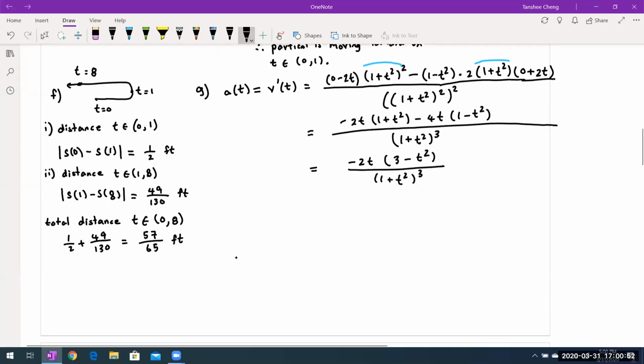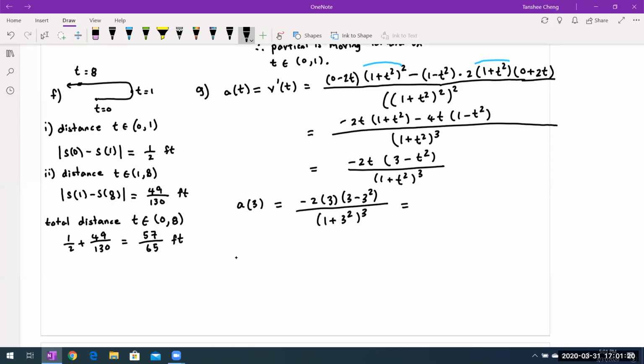Now, for the second part of this question, we want to find the acceleration at 3 seconds. So basically, I want to substitute into this function right here, which is negative 2 times 3, and then 3 minus 3 squared, over 1 plus 3 squared to the third power.